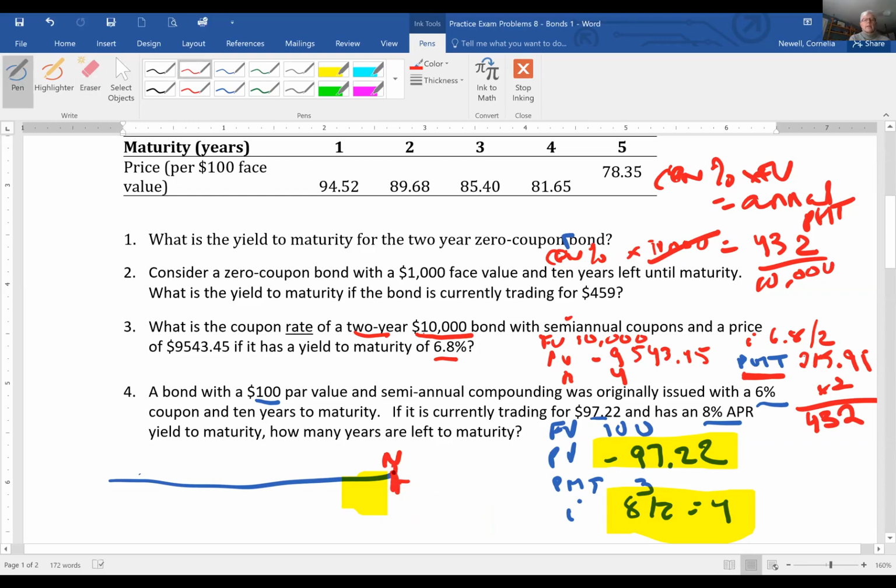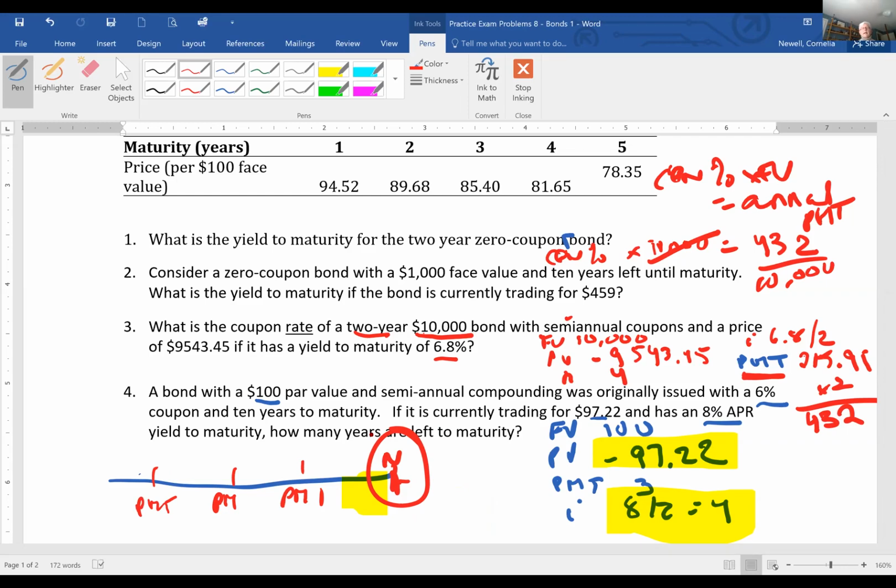So we want to know how long until we're getting that final payment and how many coupon payments. How many periods are left when we're going to get a payment, and when is that last payment?